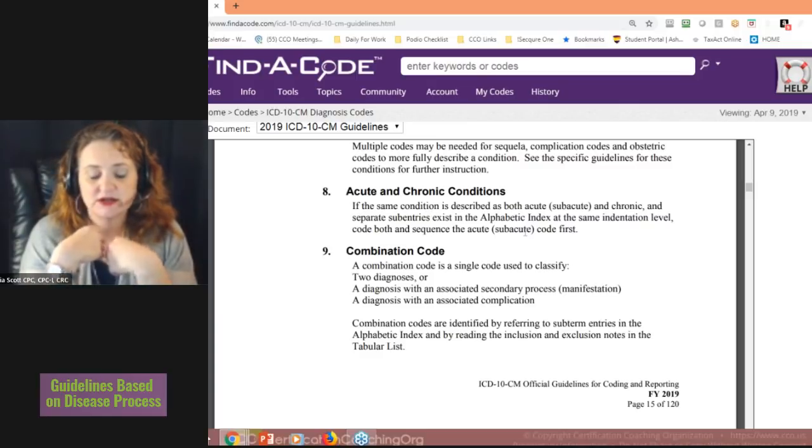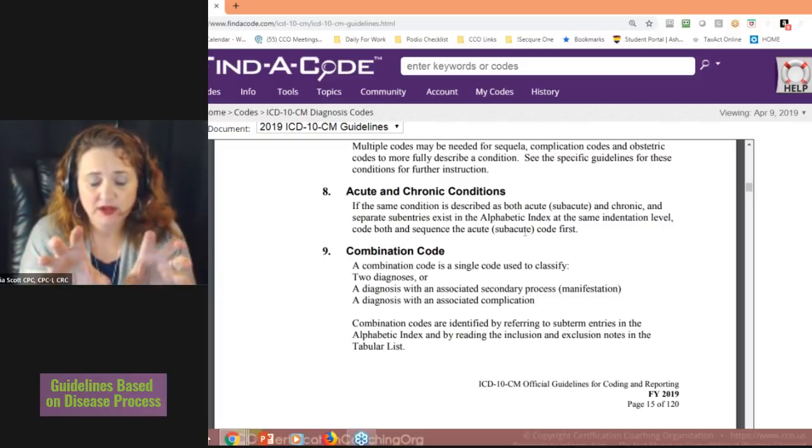And let's say we give them COPD. Now, just real quick, pause and remember that there may be an acute and chronic code for asthma and COPD because they fall under the umbrella of COPD. Asthma does. So I'm using this for example, so take it with a grain of salt.